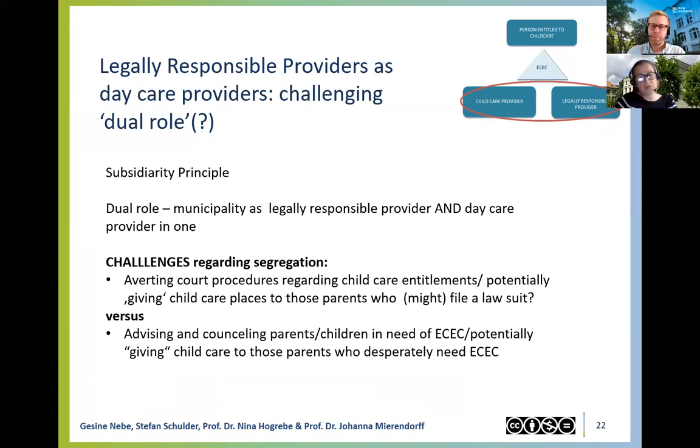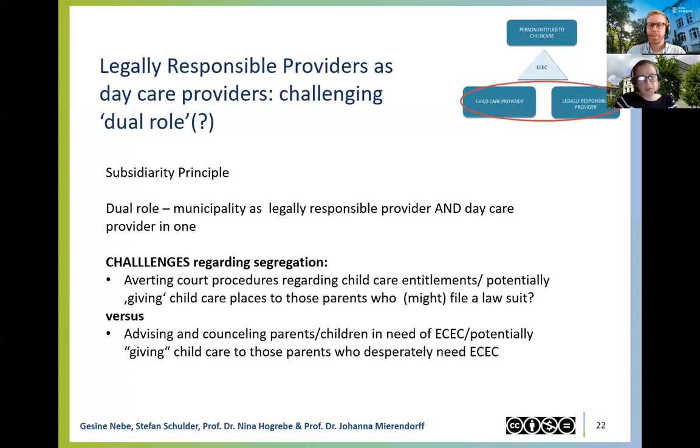Yet the entitlement to childcare is in place, so parents have a right to be offered a childcare spot. Parents can file a lawsuit and can be refunded their loss of earnings if they cannot get back to work due to the need to care for their child themselves rather than taking on a childcare service.